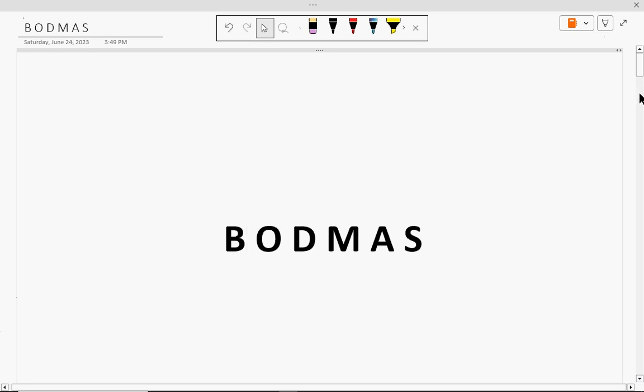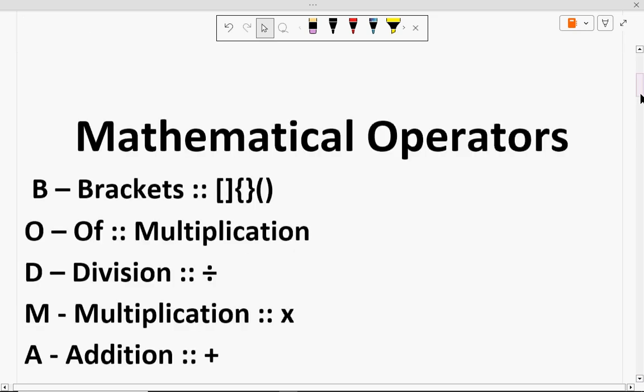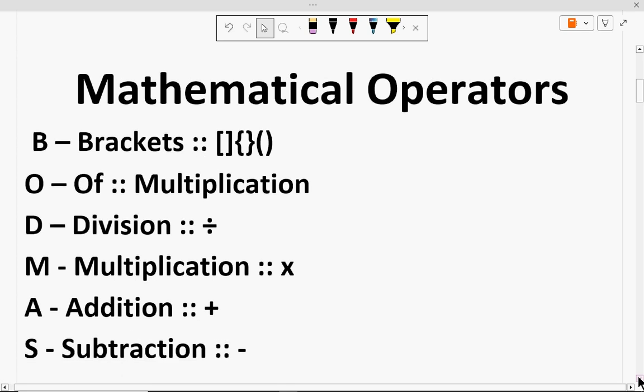Now let us go to the mathematical operators. These are brackets. B in BODMAS stands for bracket.